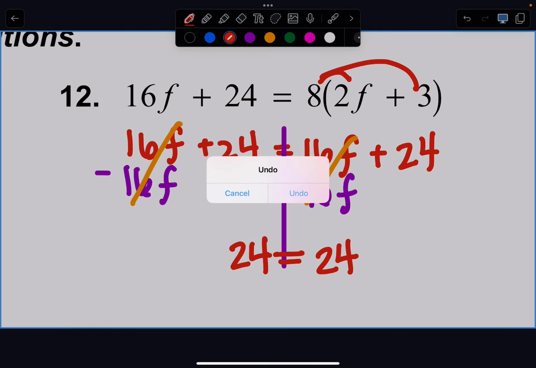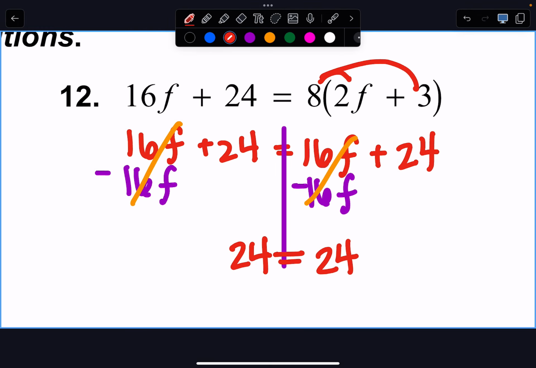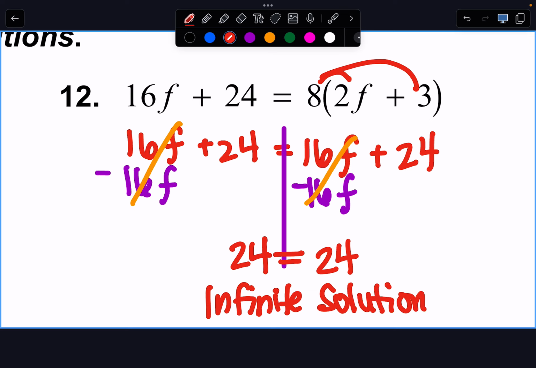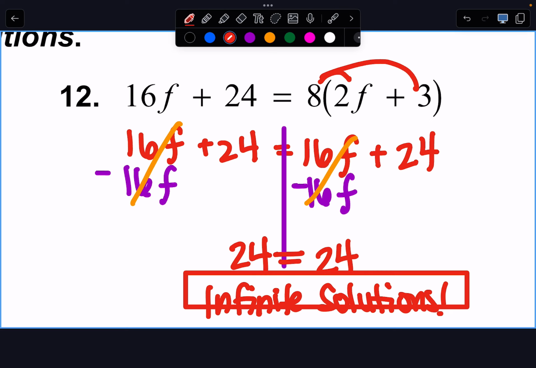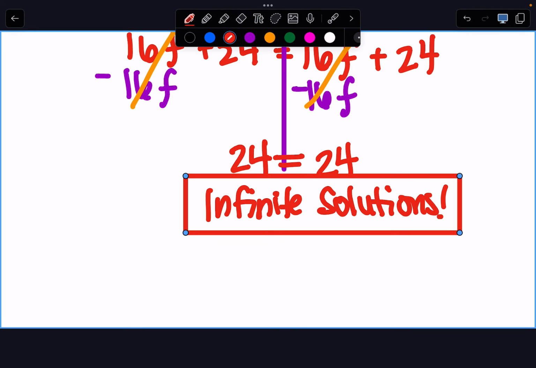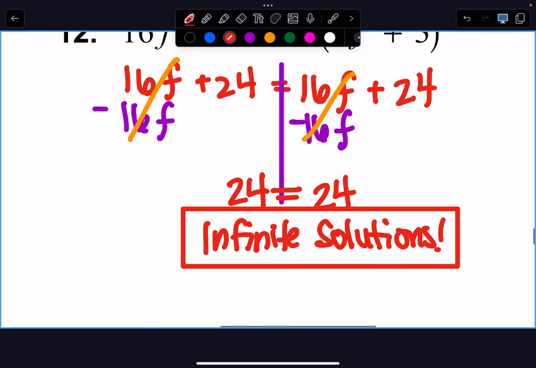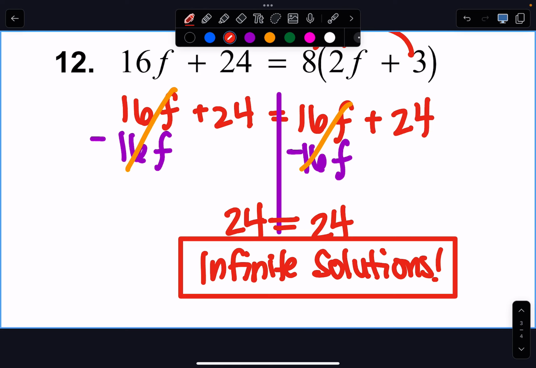Savannah, how many times does 24 equal 24? All the time. So we have infinite solutions. Pretty great, right?